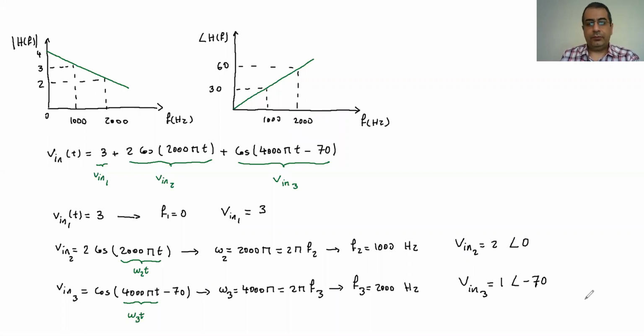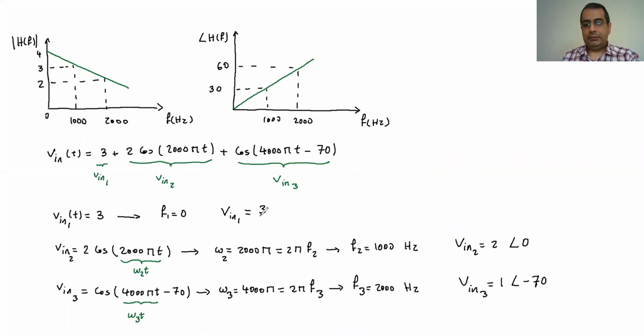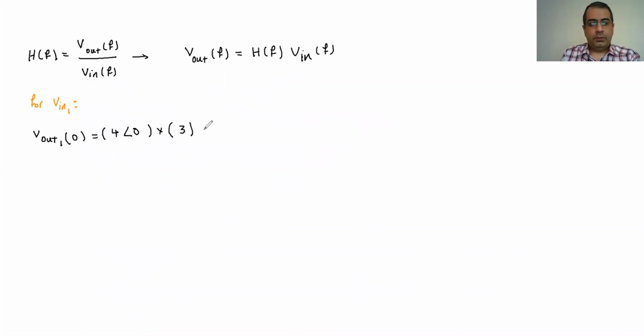So it's going to be 4 with an angle of 0, times V in for the 1. V in is just 3. So if I do the calculation, it's simply 12. That's all it's going to be for V1.